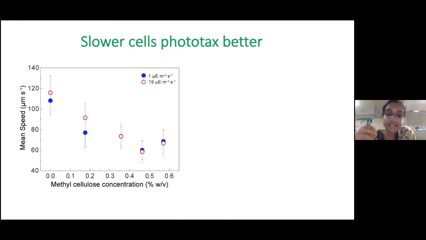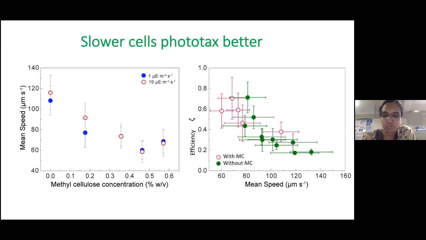We independently also tested this assumption by putting cells in more viscous media by adding a polymer called methyl cellulose, where we were able to decrease the speed as much as we were able to decrease it by crowding with other cells. Now we can plot the phototaxis efficiency as a function of mean speed with and without methyl cellulose for the same concentration.